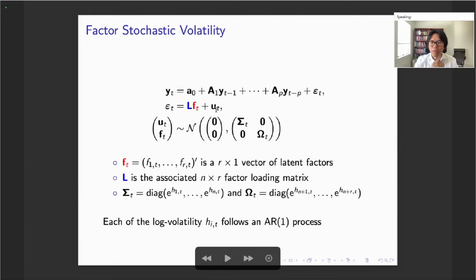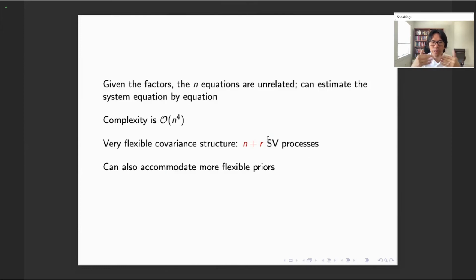And then I have idiosyncratic errors, and these are all diagonal matrices. This is a pretty standard dimension reduction technique. Here, we introduce the stochastic volatility via the factor structure. Again, this model can also be estimated reasonably fast because given the factors, all the equations are unrelated, and so you can estimate equation by equation.